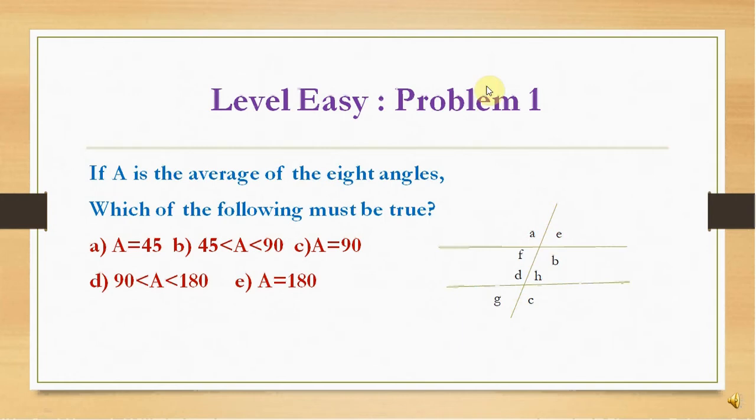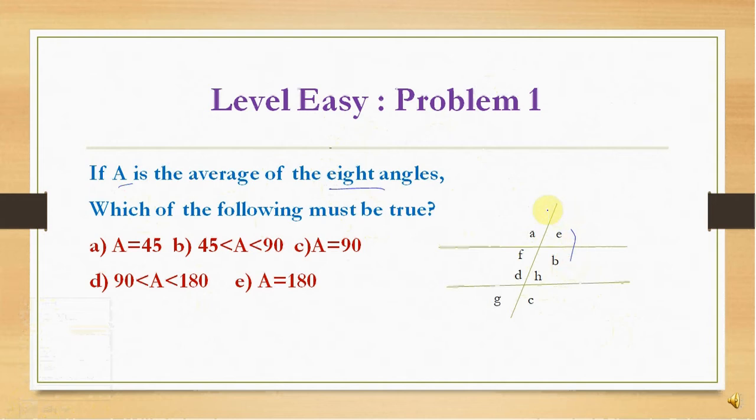The first problem we take in this video is simply to find the average of the 8 angles on the figure alongside. In this case, the two lines are not parallel and there is no need for them to be parallel. We are asked simply to find the average of the 8 angles.